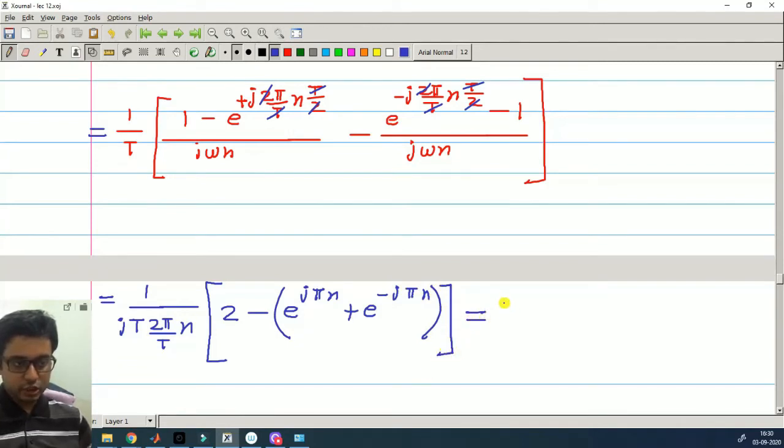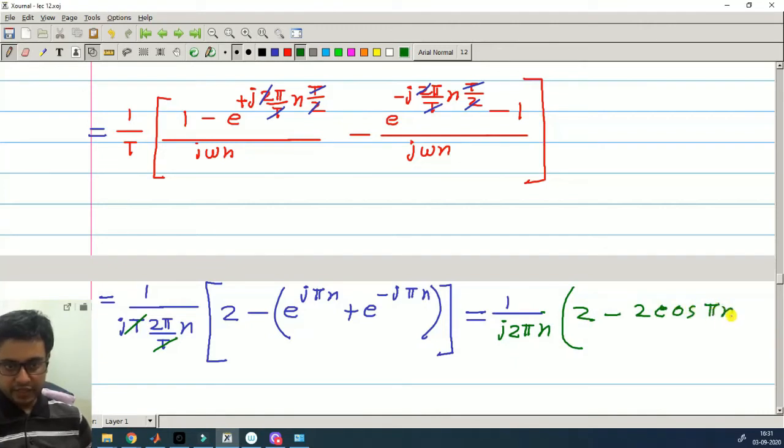Now this is equal to 1 over, this T goes away, we have j 2 pi n, and here we have 2, and this is nothing but 2 cosine pi n.